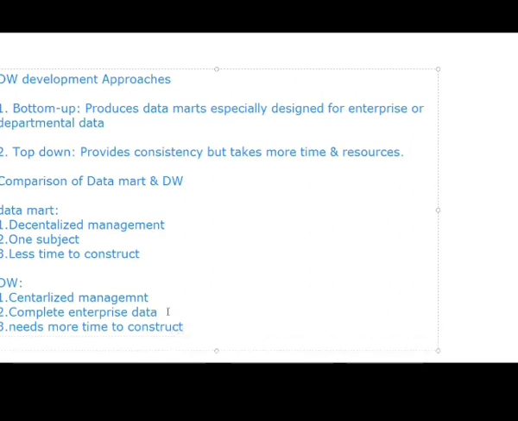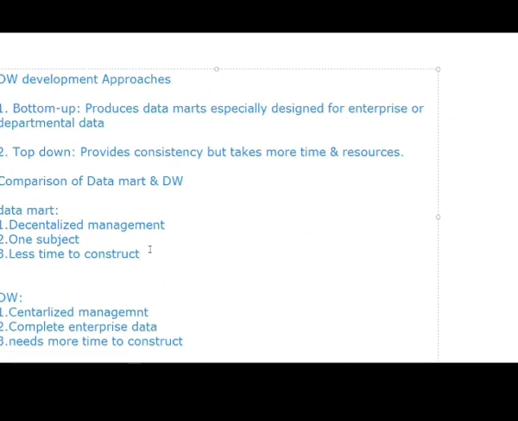The fourth difference is the cost of construction. Less cost is required to construct a data mart, whereas a data warehouse requires higher cost compared to a data mart.